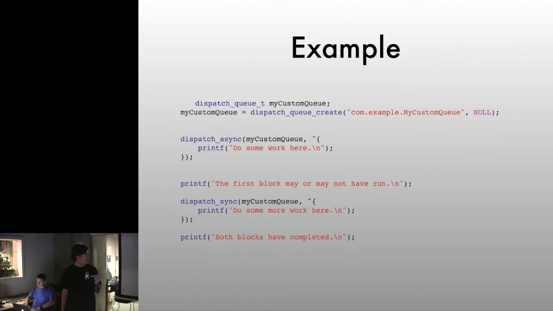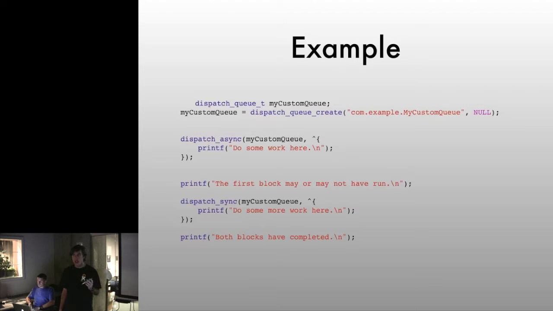So this next printf, the first block may or may not have been run yet because we ran that asynchronously. The idea is that this async function call will exit immediately, and then the block will get run sometime later. You don't know when, but it will get run eventually.